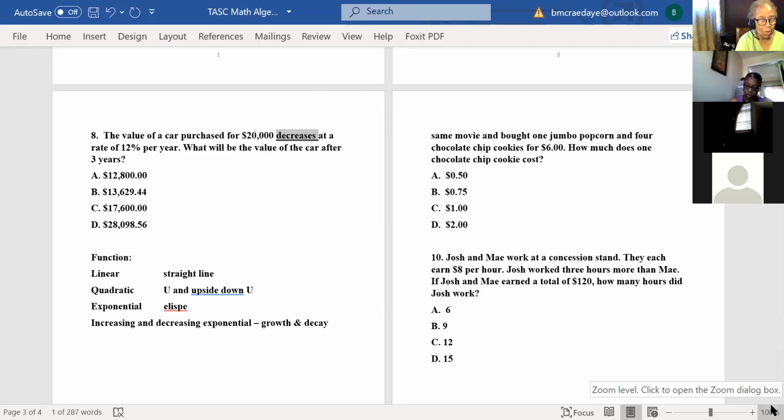So if you want to solve this problem for what is the value after 3 years, let P of N be the price after N years.